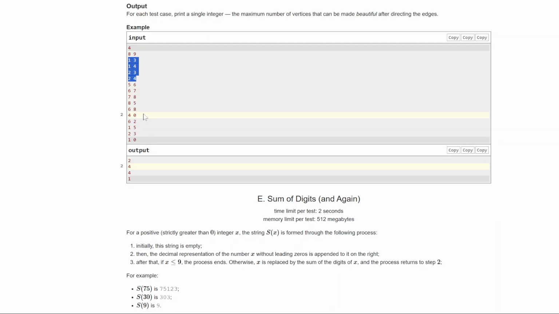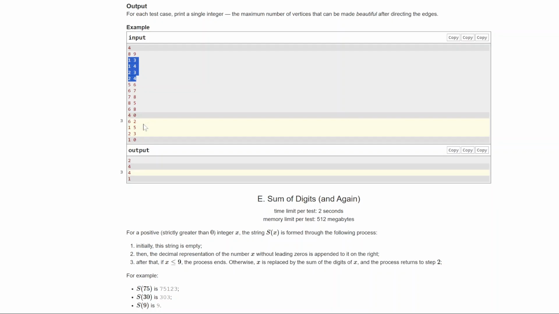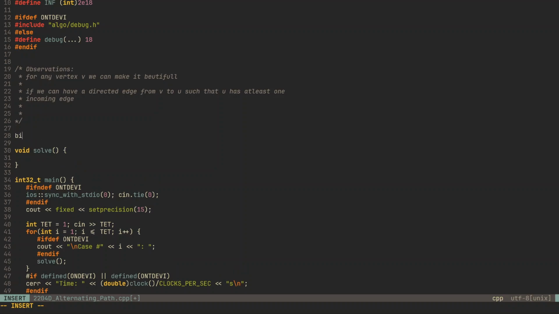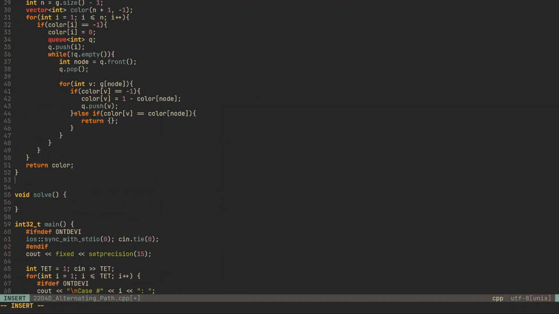Yeah, this will be that only. It will work. Okay, this is bipartite graph.